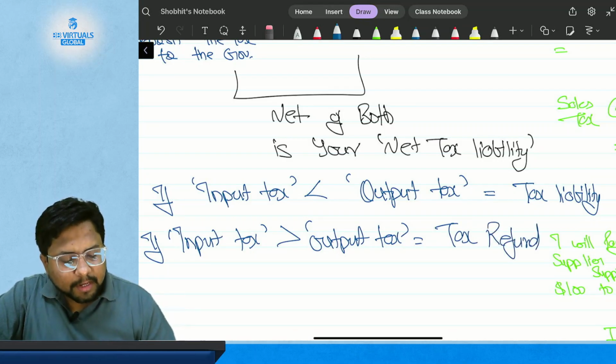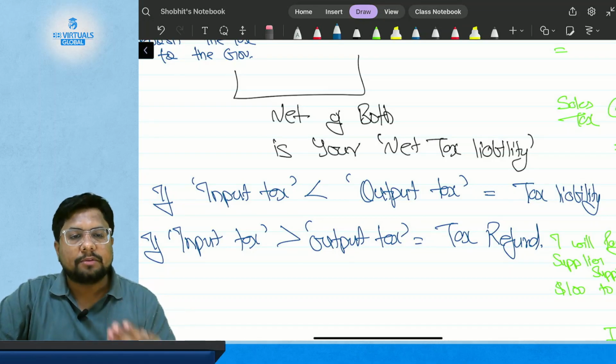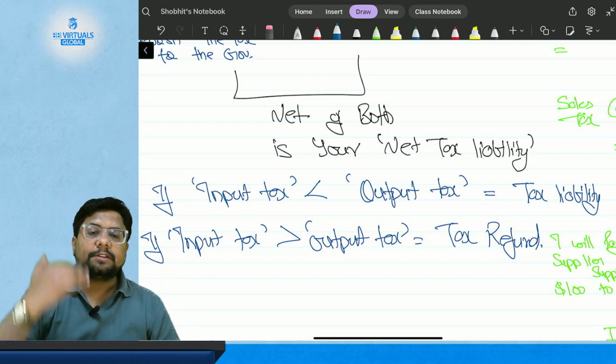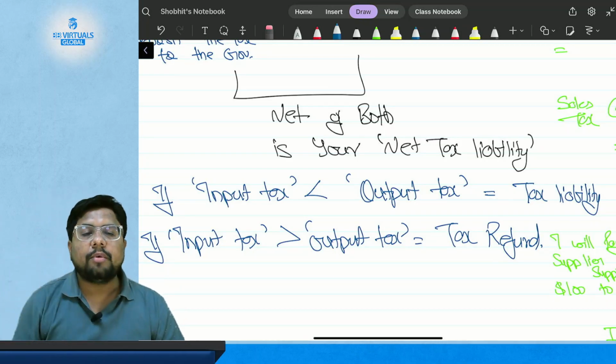Because if input tax is less than the output tax, you need to pay tax to the government, and if input tax is more than the output tax, then you need to take a refund from the government, since you have deposited more tax to the government than your liability.